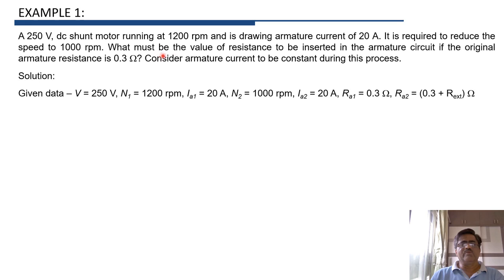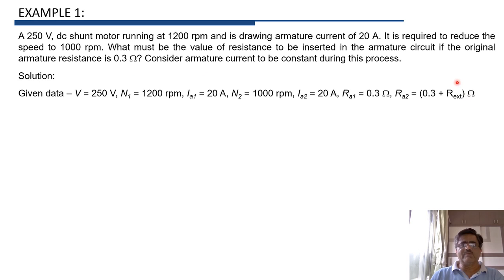What must be the value of external resistance inserted, that means R external, in the armature circuit if the original armature resistance is 0.3 ohm, means RA1 is 0.3 ohm, and in the second case external resistance is inserted in armature and therefore RA2 is equal to 0.3, that is armature resistance plus R external ohm.